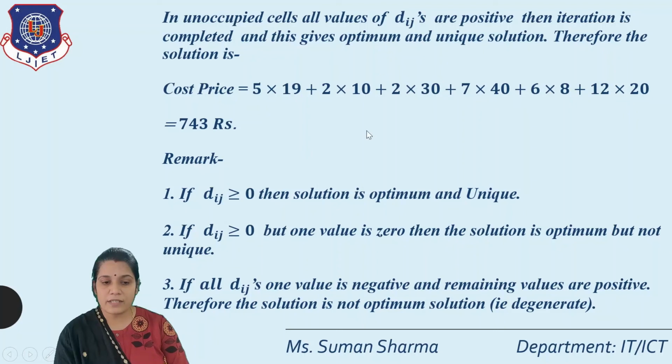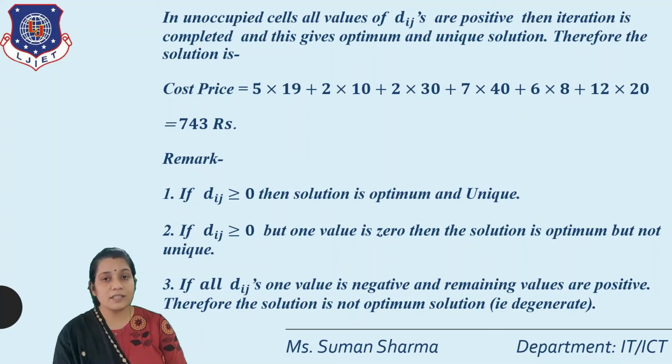So see here, for the feasible solution with the help of Vogel's approximation method, your cost is 779 rupees. And for finding the optimum solution, your total cost is 743 rupees. Okay, so this is your optimum value.